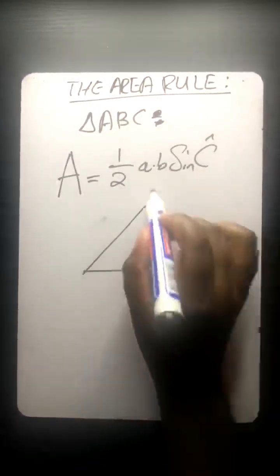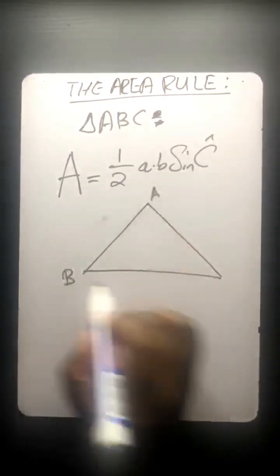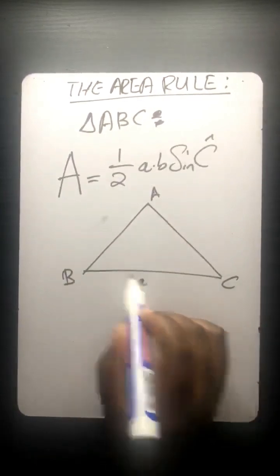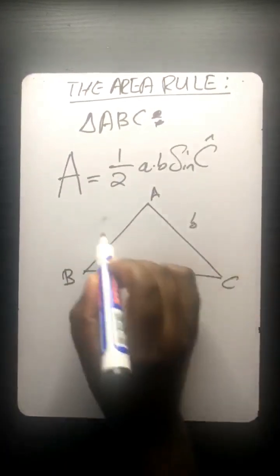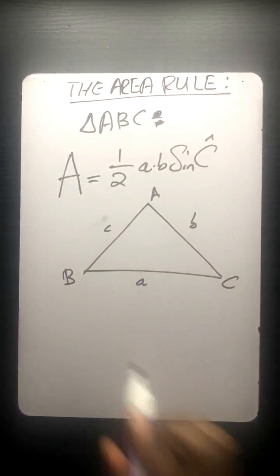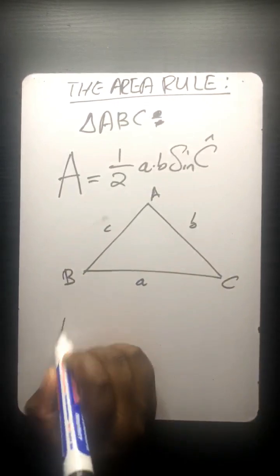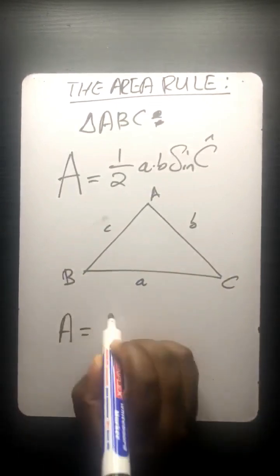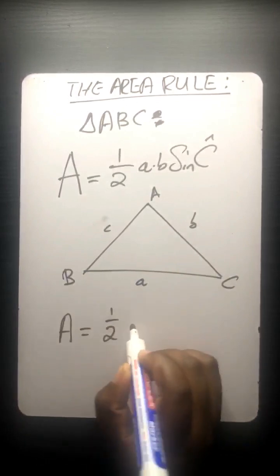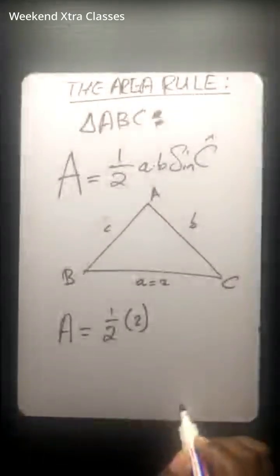Let's say this is A, this is B, and this is C. Obviously, this side is going to be small a, this side is small b, and this side is small c. Using the area rule, this one is straightforward, because you're going to say the area is equal to half of this side, maybe it is 2, so you have 2 there.